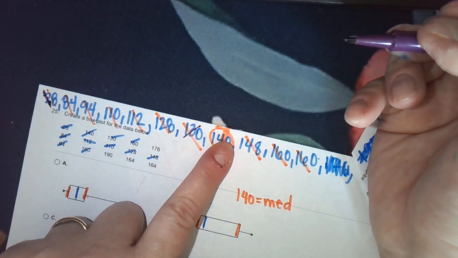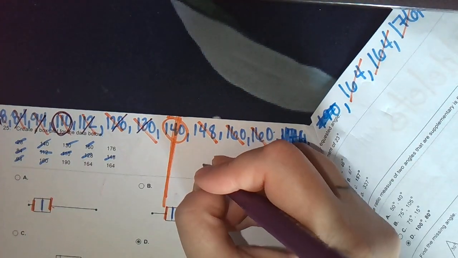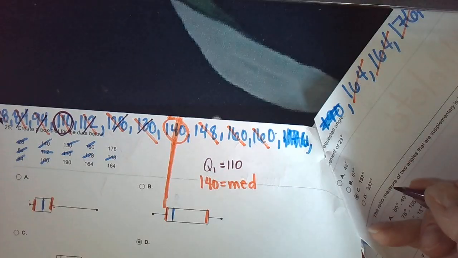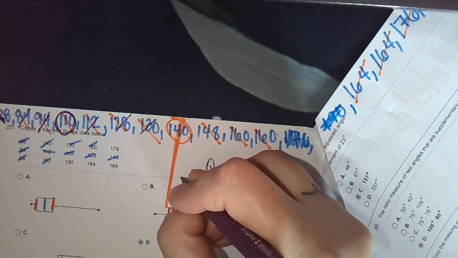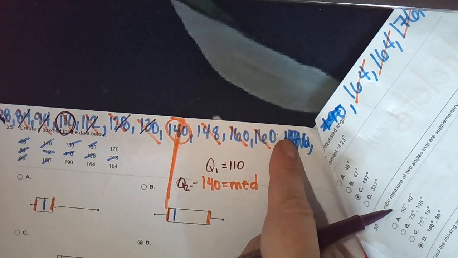Don't scratch out the median, 140. Then goodbye 84, goodbye 128, goodbye 94, goodbye 112. 110. That's what we call our Q1 quartile, 110. Then our Q2 is that 140, the median.